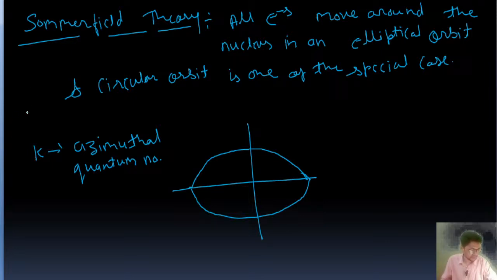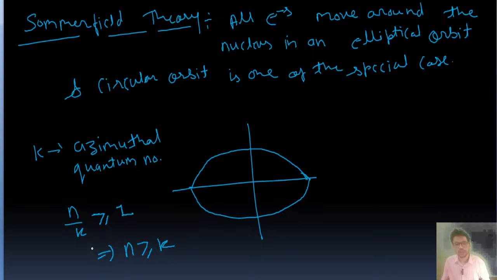Okay, and this is a very important case. N upon K is greater than or equal to 1, or we can say N is greater than or equal to K.